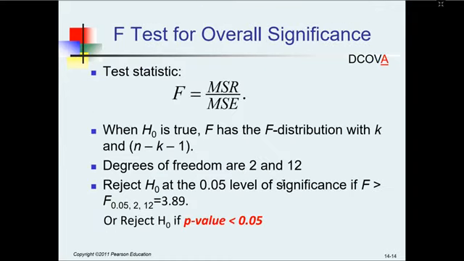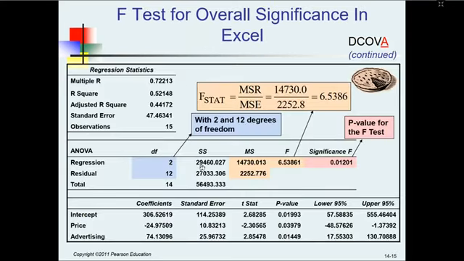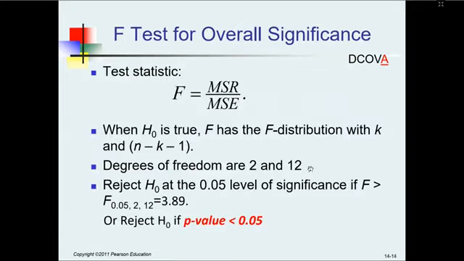We'll look at an example, and the test statistic we use is F equals MSR over MSE. I'll show you from the table. And the degrees of freedom are k and n minus k minus 1. From the table, the degrees of freedom are 2 and 12.